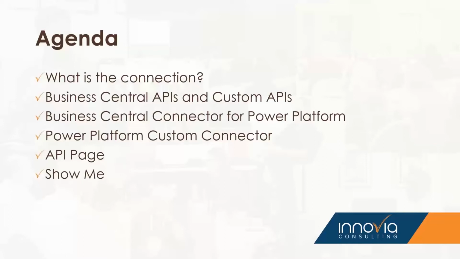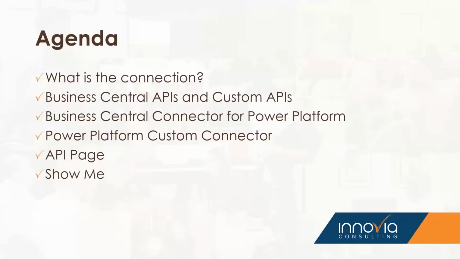I'm going to dive into some of the components of that connection. First of all, the Business Central APIs and custom APIs. They have stock APIs and custom APIs. We're going to talk about that. I'm going to talk about something called the Business Central connector for Power Platform. That is the connector that Microsoft has built to specifically connect the Power Platform, or Power Apps in this case, to Business Central.